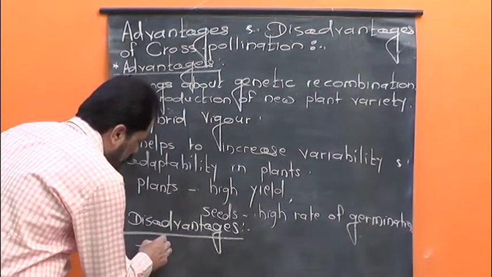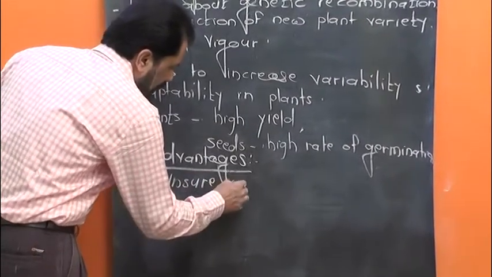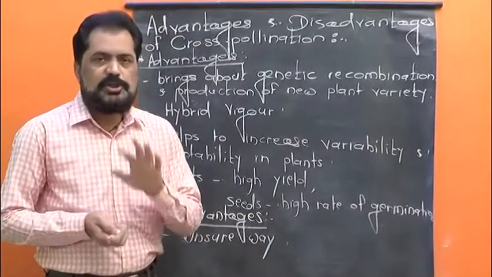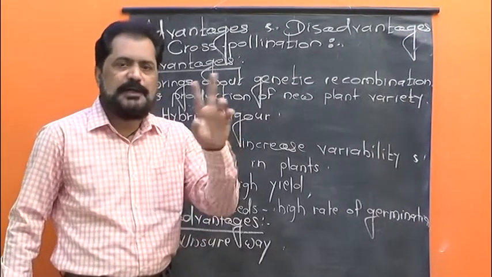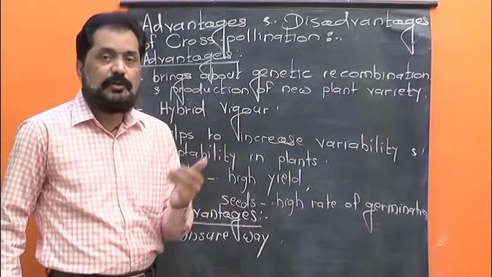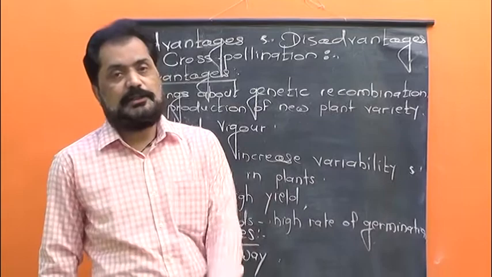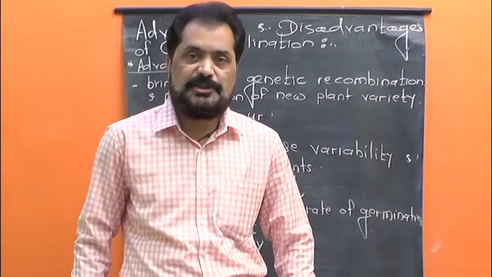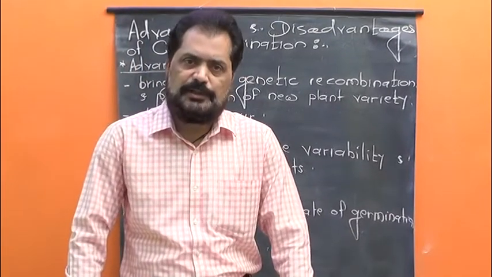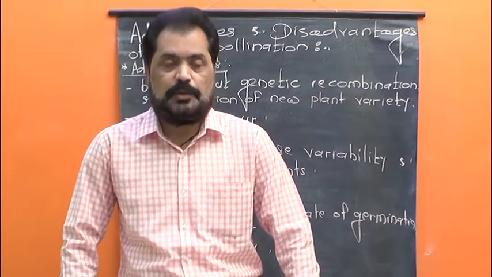It is an unsure way of pollination, because we know cross pollination always involves two plants, maybe of the same species or different species, and the pollen grains are to be carried from one plant to another by different physical agents, abiotic or biotic agents, and that's why there is no guarantee of 100% sure pollination.